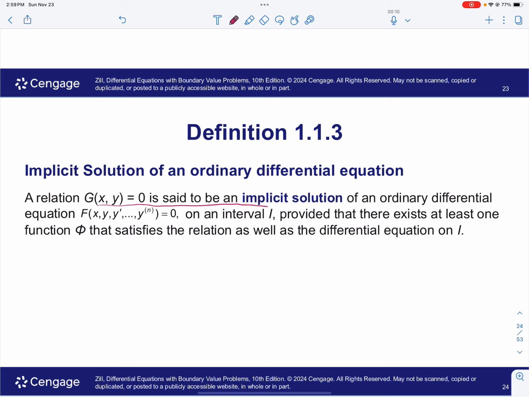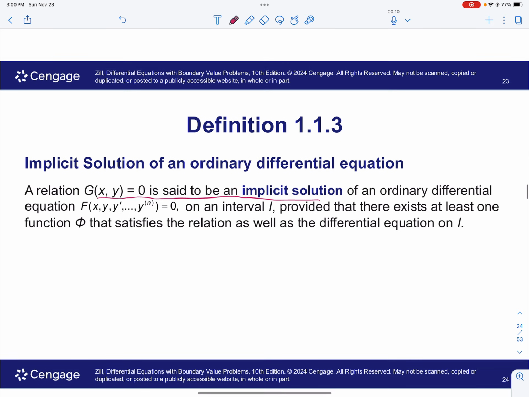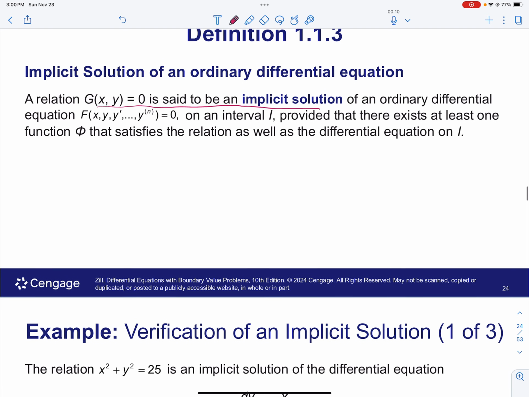If you have all the x and y together, it is not y equal to something, but y is hidden in the equation. Then it's called an implicit solution.